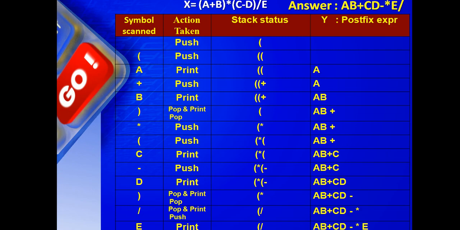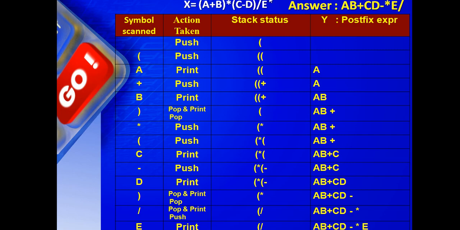Yes. See now, step number 1, I have written X here for your convenience. First one is you have pushed one, action taken is push. You please prepare a table: the symbol scanned, what action will take place, what will be the status of the stack, and what is your output expression Y. Now, in the beginning you will push a left parenthesis, therefore you will add right parenthesis at the end.